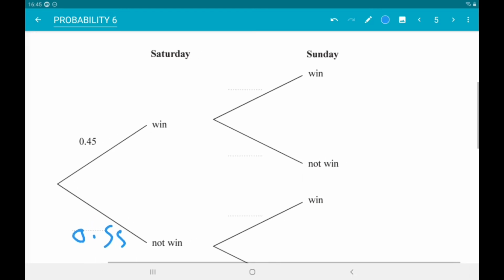Now, if they win on Saturday, the probability they win on Sunday is 0.67. So the probability they do not win is 0.33.